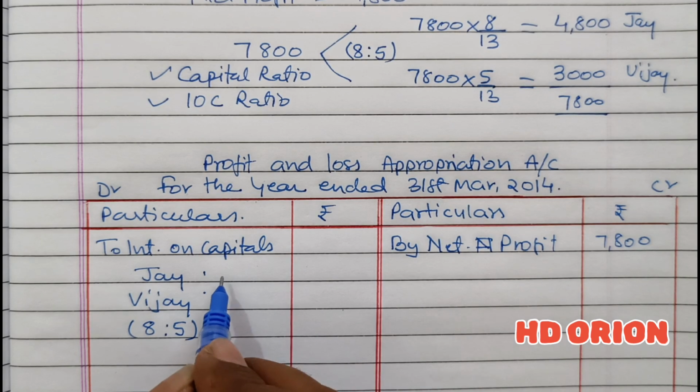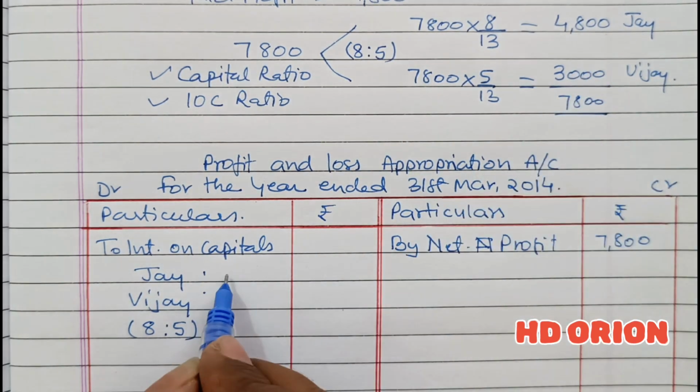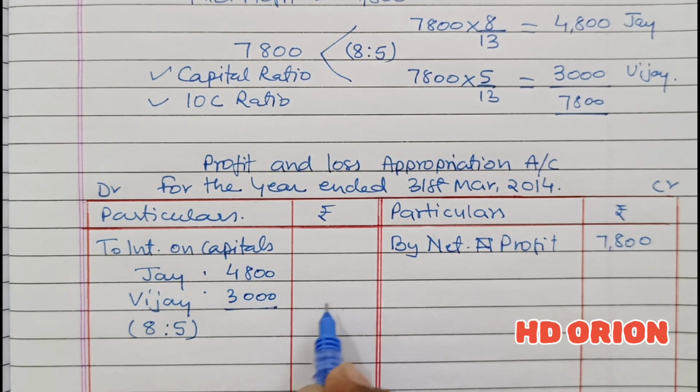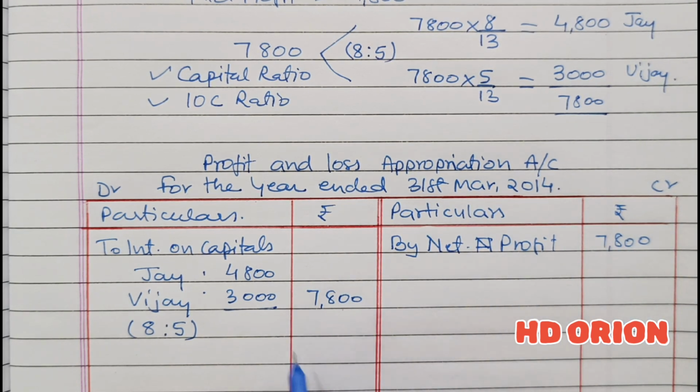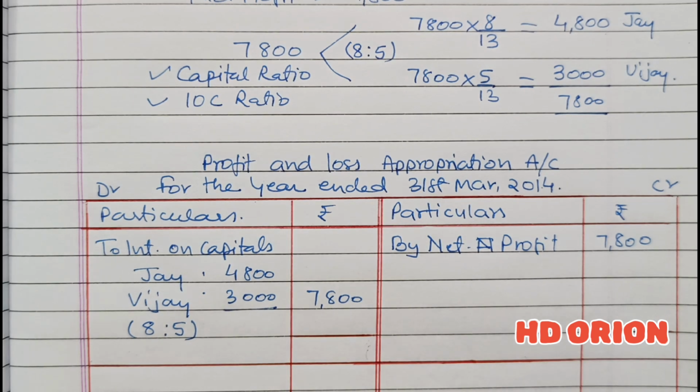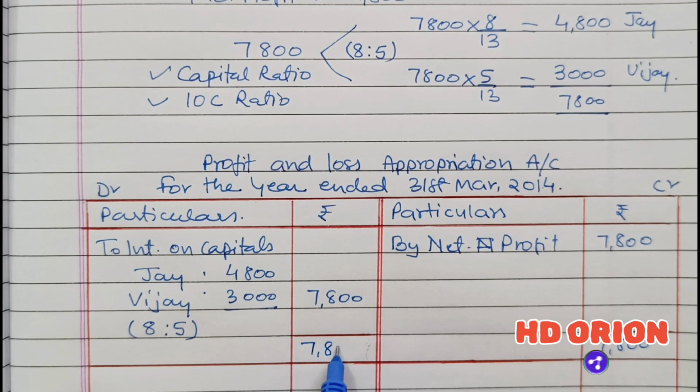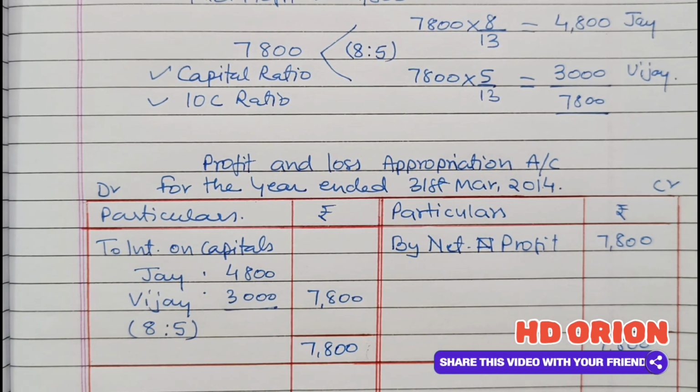Breaking this, as we have already calculated, 4,800 and rupees 3,000. And now nothing is left to be distributed in their profit sharing ratio, because entire net profit has been used in providing interest on capital as suggested in partnership deed. So this way the profit and loss appropriation account is to be prepared.